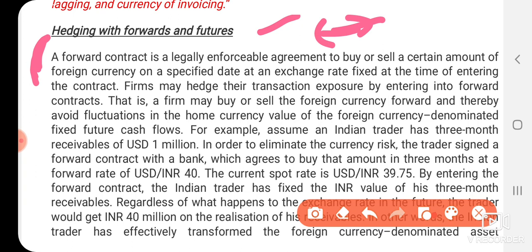Then we can discuss how to hedge with forwards and futures contracts. A forward contract is an agreement between two parties to sell or buy the underlying asset, which may be any type of asset, at a specified and agreed date in future.